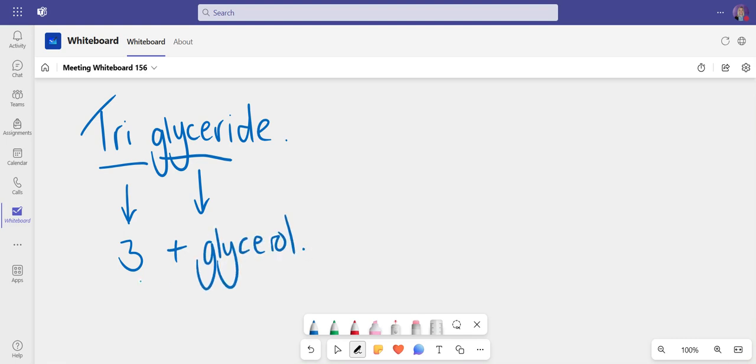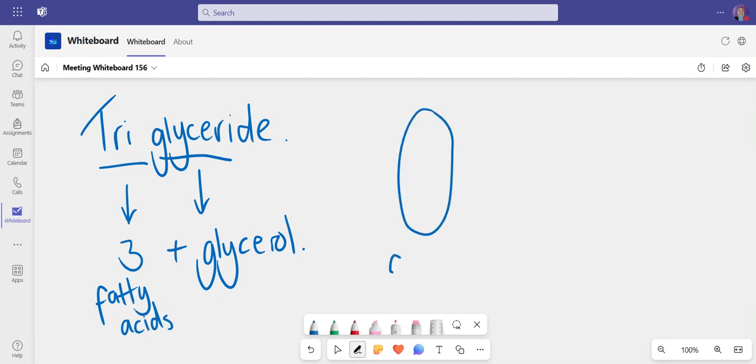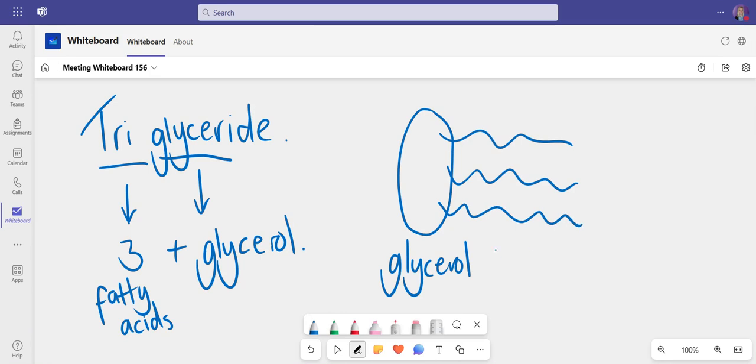Okay, so it contains three something and glycerol, and the three something that it's made of is three fatty acids plus glycerol. Now, the simplest way to draw this is to draw the glycerol on the side like this, and to draw the fatty acids as zigzags coming out here as your three fatty acids. So that molecule is a triglyceride.